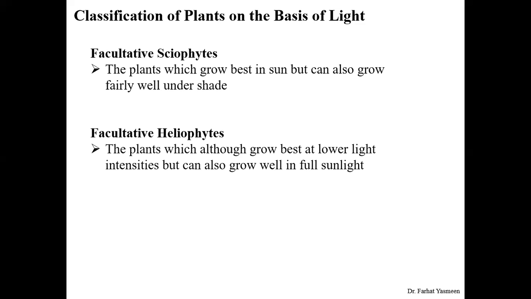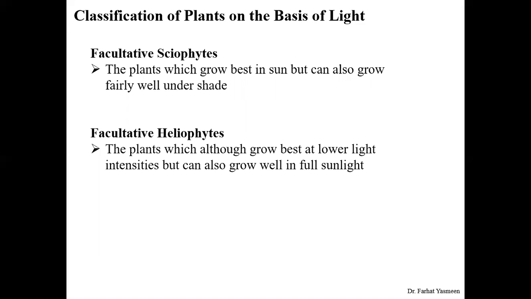And heliophytes are plants which grow best under high light intensity, but facultative heliophytes are those plants which grow best at lower intensities, but they can also grow well if they are exposed to full sunlight or high light intensities.